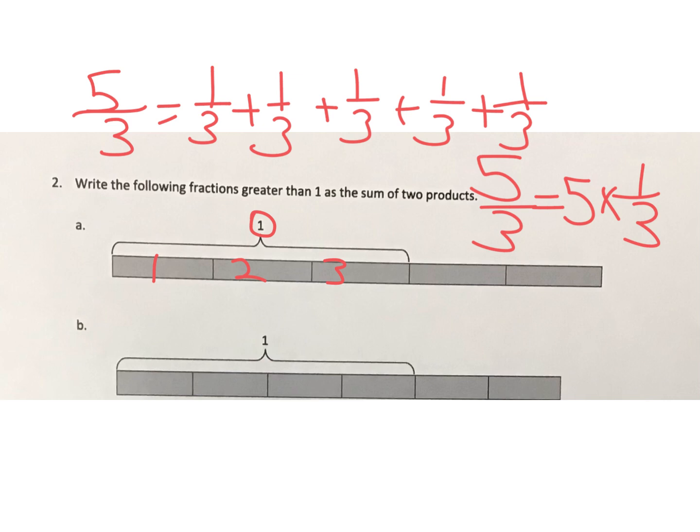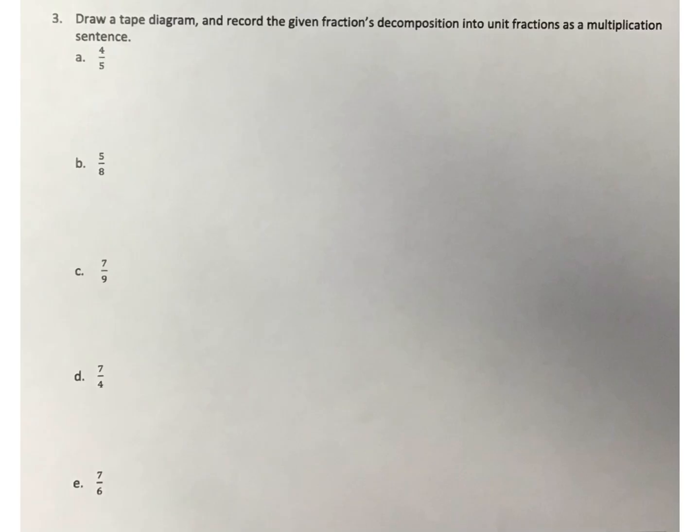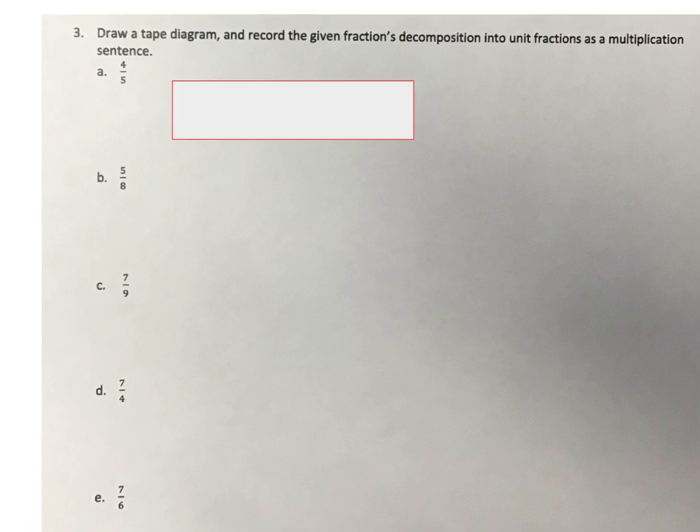Hopefully you'll be able to get the other one and practice it with that. Now in these types of problems, what we're going to do is draw out the fraction. We're going to write it as a decomposed fraction, a unit fraction addition. Then we're going to write it as a multiplication problem as well. So the first step is drawing 4/5 as a fraction.